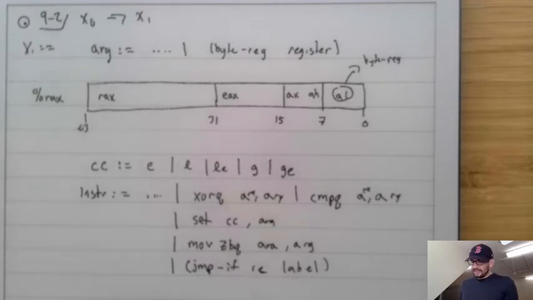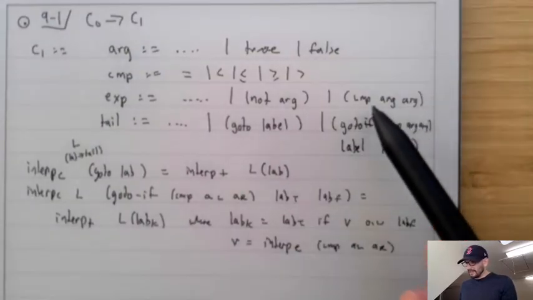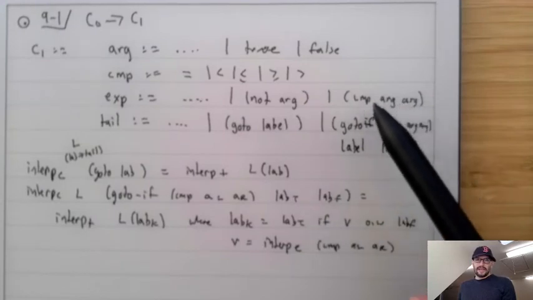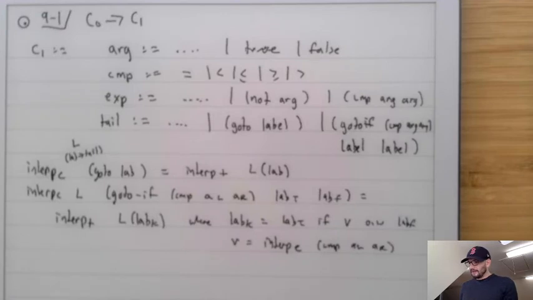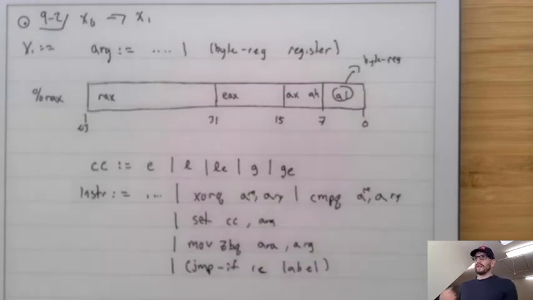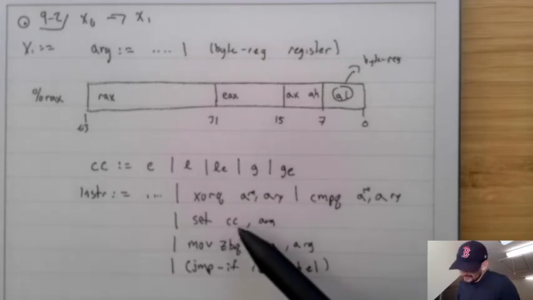In the C language, we always compare 2 arguments, and that compare means like you're doing a less than or greater than or something like that. But the way that x86 works is that when you do a comparison, you actually do all possible comparisons simultaneously. And after you do all possible comparisons, what you then do is read off from the flags which comparison you actually care about. And that's what set does.